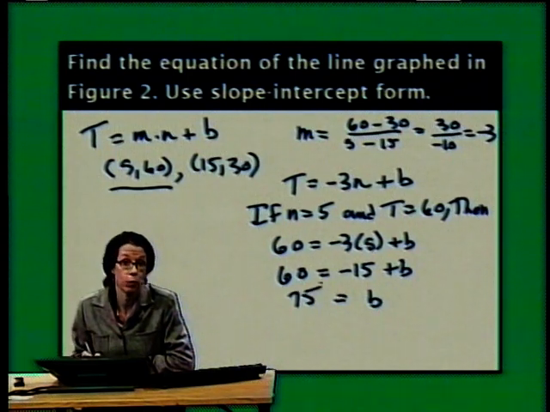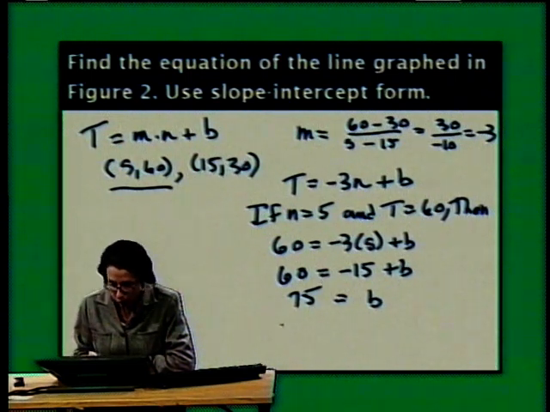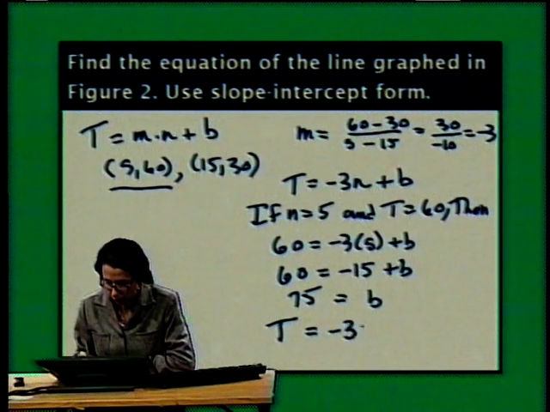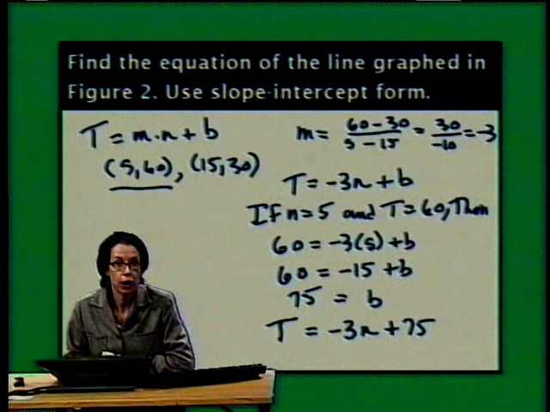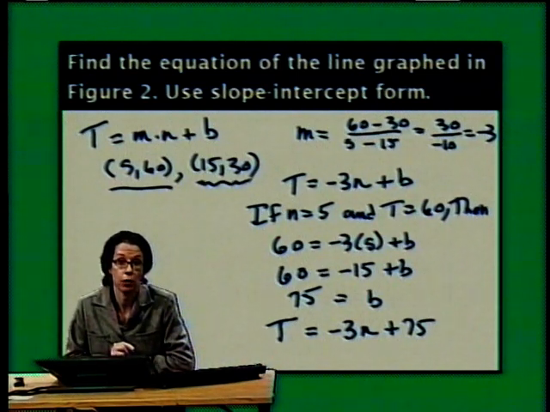As you remember, that's what we guessed from looking at the graph, but we weren't sure. So my proposed equation now is t equals negative 3 times n plus 75. Well, I want to check this, and I can use the second point, which I haven't used to find the equation, in order to do my check.